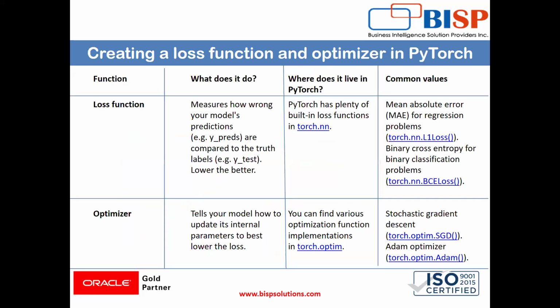Every time it repeats, it iterates, to make the best output. Clear? Now you can see creating a loss function and optimizer in PyTorch, measuring how wrong your model's predictions are. Whenever you give the historical data at the first attempt, the accurate output is not given.